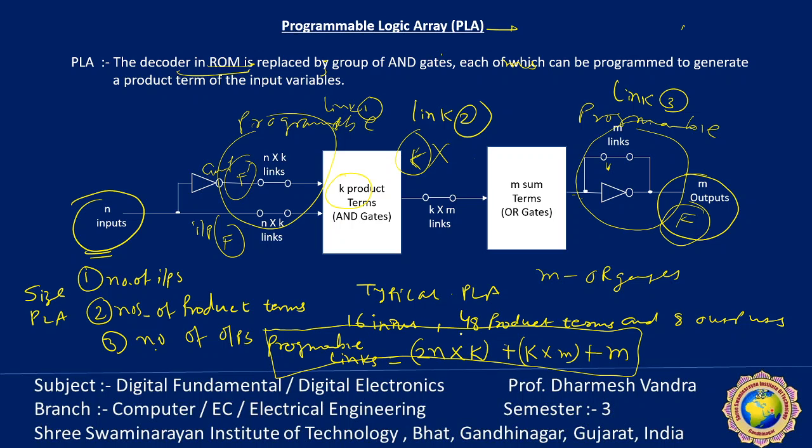So let's consider 16 inputs, 48 product terms, and 8 outputs. How many links are there in this case? 16 input lines and 2 each, so 16 into 2 is 32, into 48 is equal to 1536.